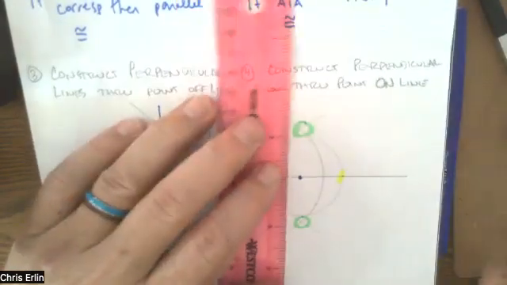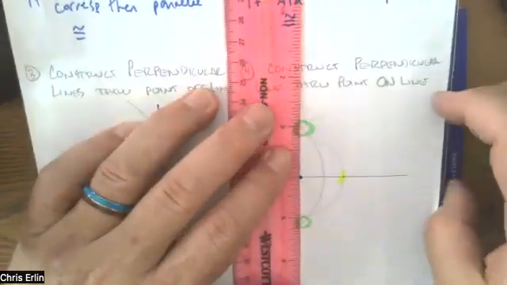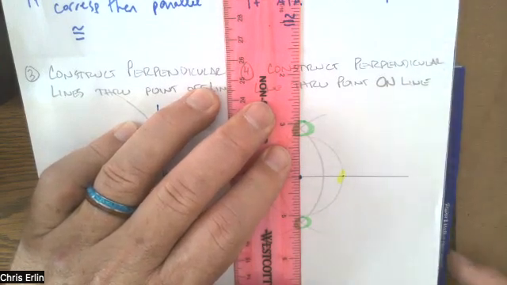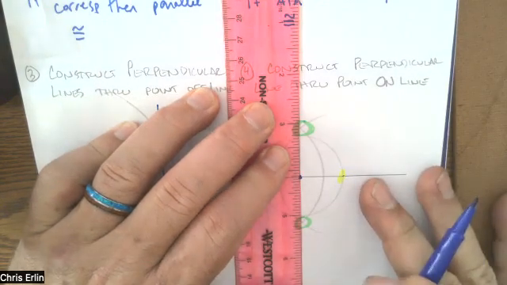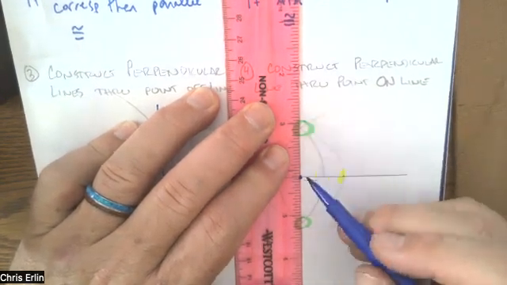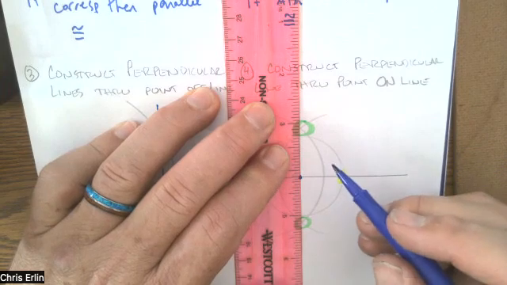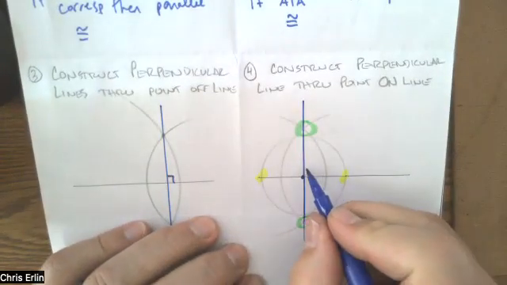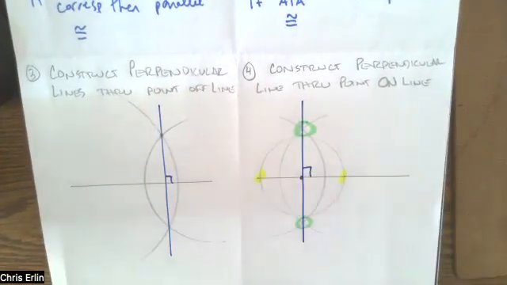And I expect that these will go through the center as well, because 3 points are what? Collinear. Sometimes, always, or never. Sometimes. So only if I've done this correctly will these all 3 be collinear. If they don't all come collinear, that means I've made a mistake in my construction somewhere. And that produces another perpendicular line.